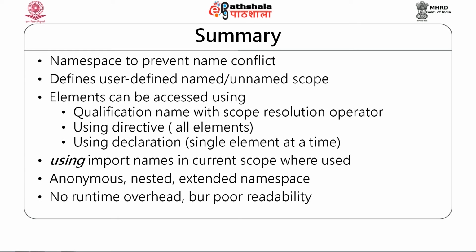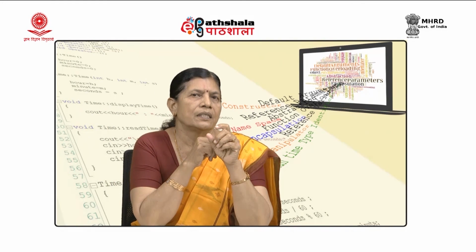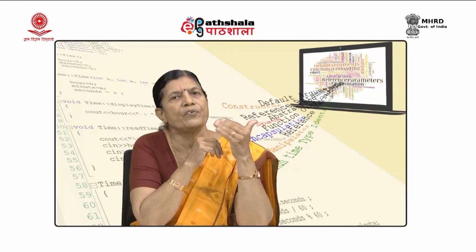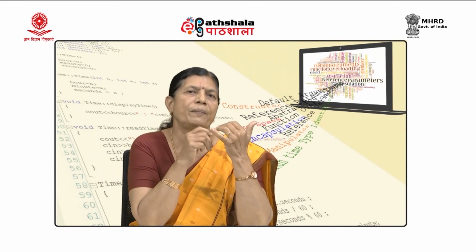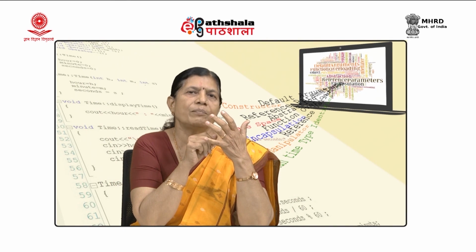Please do remember that whenever we use the using keyword, the elements of the namespace will be in the current scope depending upon where we have used using, maybe at the block scope, maybe at the global scope, or maybe at the namespace scope.